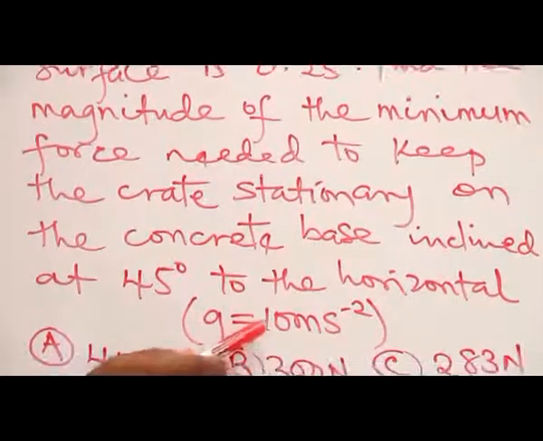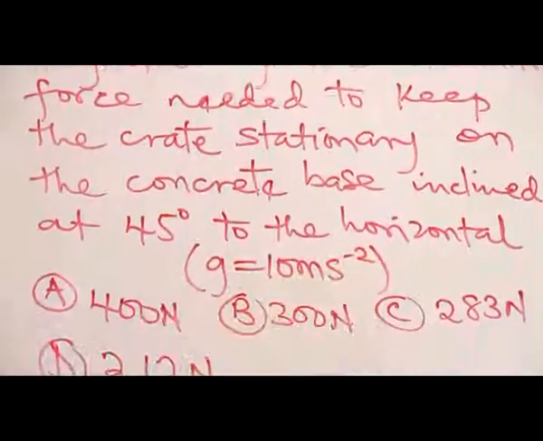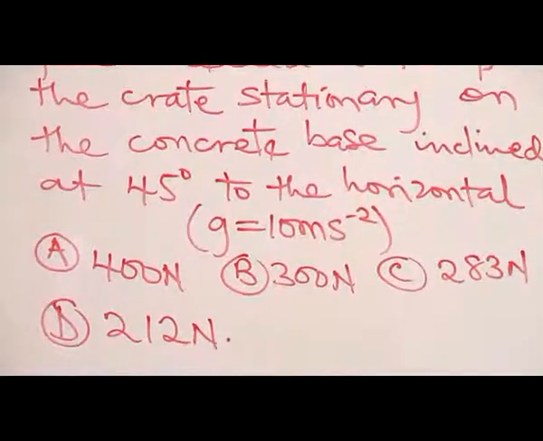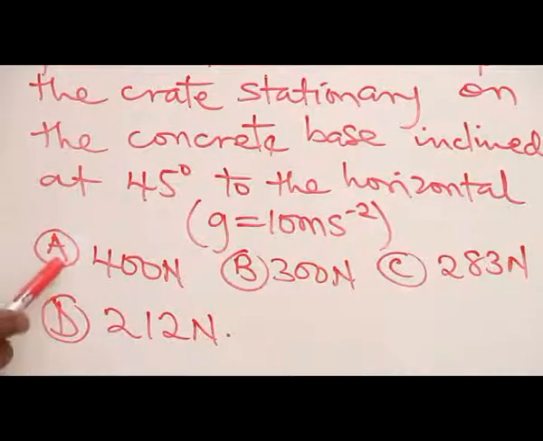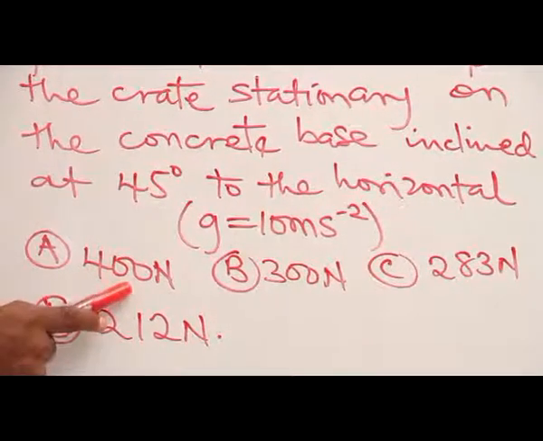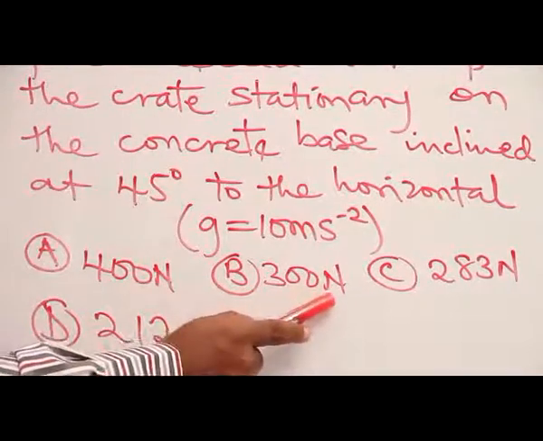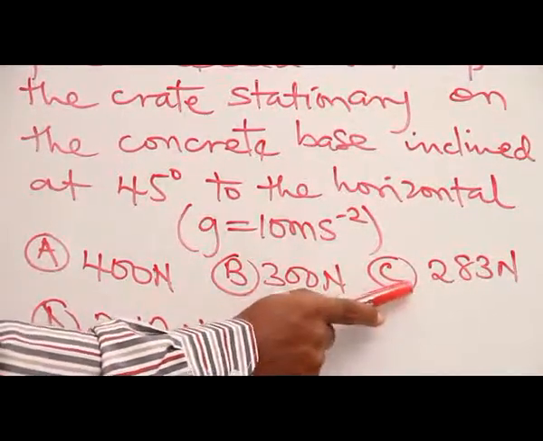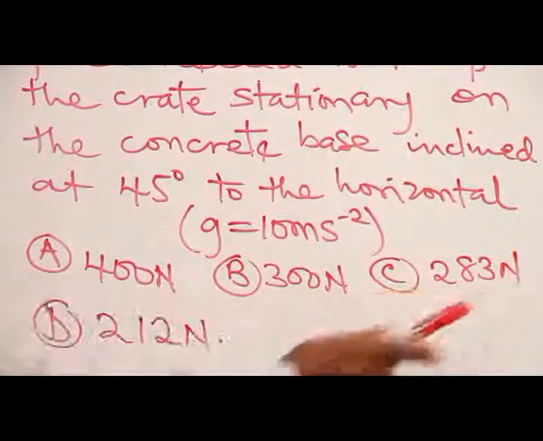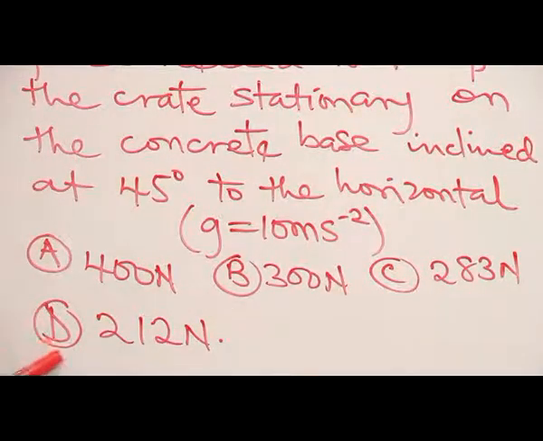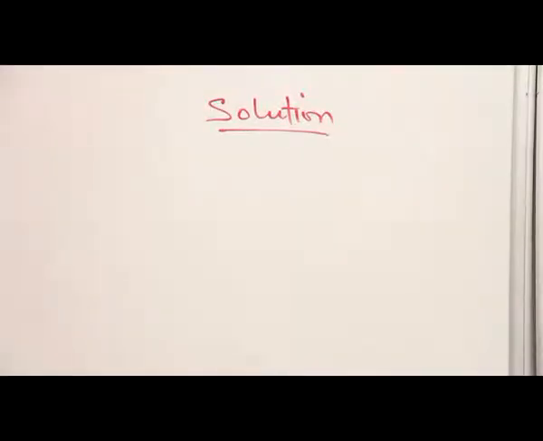Acceleration due to gravity is 10 meters per second square. And the options are A, 400 Newton, B, 300 Newton, C, 283 Newton, and D, 212 Newton. The solution to the problem is as follows.